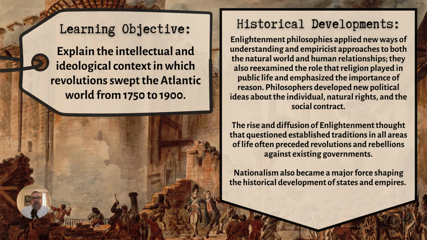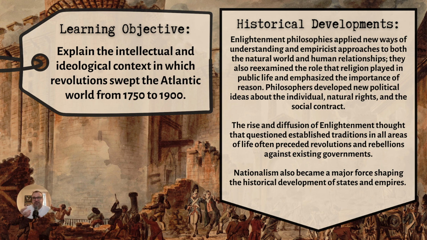So you have your key concepts here, your historical developments. Enlightenment philosophies applied new ways of understanding and empiricist approaches to the natural world and to human relationships, and re-examined the role that religion played in public life and emphasized the importance of reason. Then you have the rise and diffusion of Enlightenment thought, questioning established traditions in all areas of life, which preceded revolution.